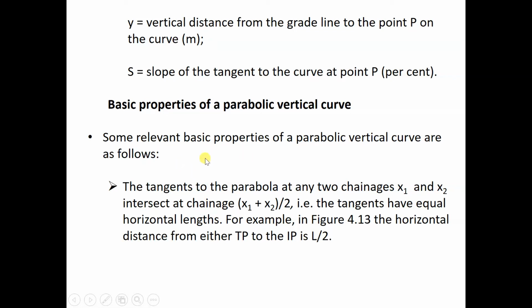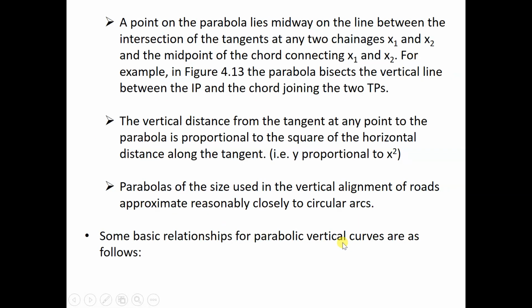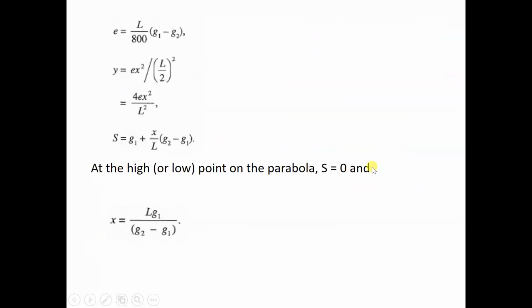I just briefly, I don't want to go into too much detail here. If you study the mathematics, the parabola is usually y proportional to x squared. It could be something else, like y is equal to 4ex squared divided by L squared.